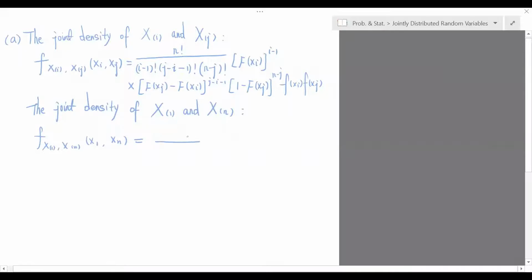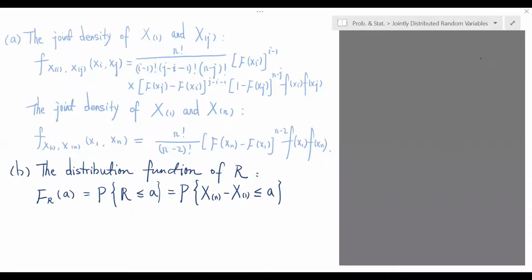It's just n factorial over n minus 2 factorial times F of x sub n minus F of x sub 1, to the n minus 2 power, times f of x sub 1 times f of x sub n.